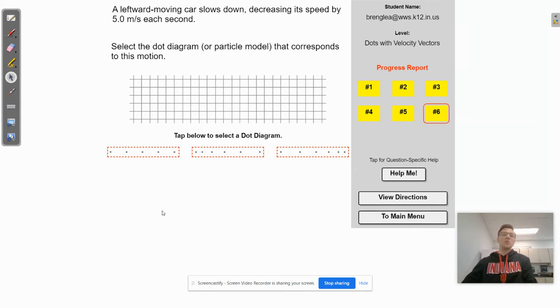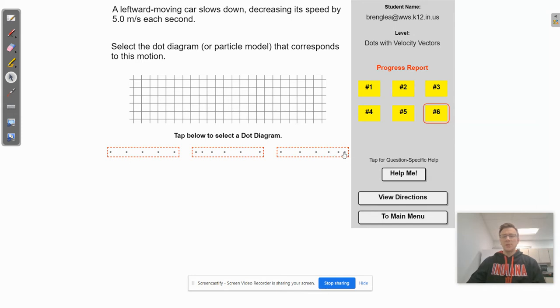So we are simply picking the position of the car, showing how it changes over time. It's leftward moving and decreasing its speed. So this first one over here would indicate constant speed. The third one, if it's moving to the left, is increasing its speed because the dots are getting further and further apart, right? These dots represent 1 second passing each time.